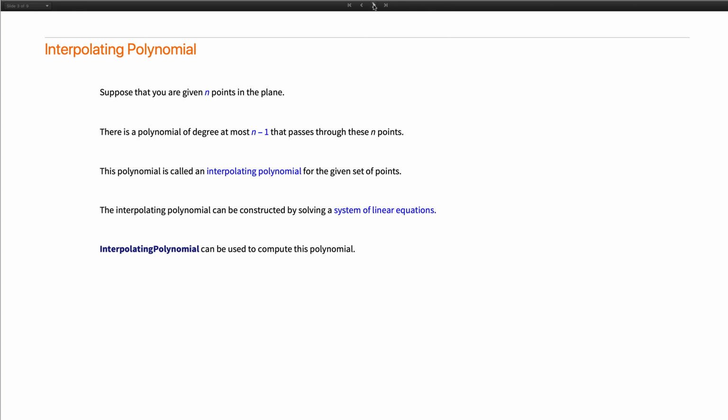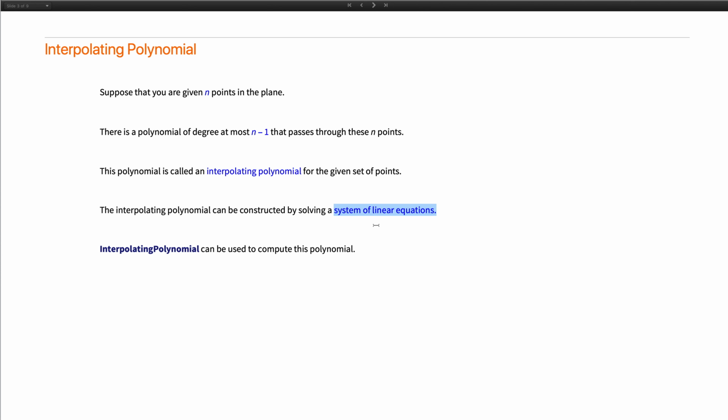So here's a more formal discussion. Given n points in the plane, there's a polynomial of degree at most n minus 1, which could be less in some cases, which passes through these n points. This polynomial is called an interpolating polynomial for the given set of points. Let's say you have 3 points, then you have a polynomial of degree 2, etc. Now, the main point is that this polynomial can be constructed by solving a system of linear equations.